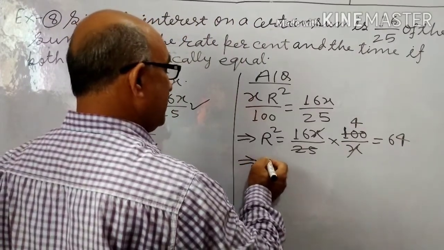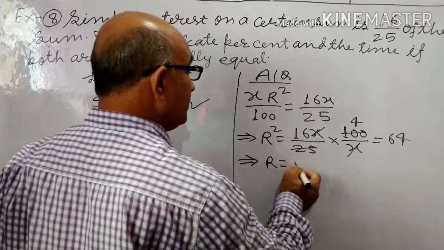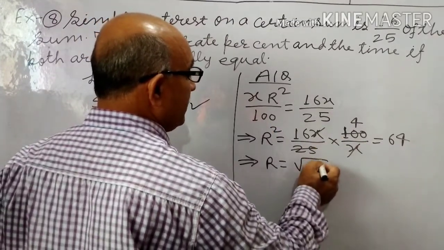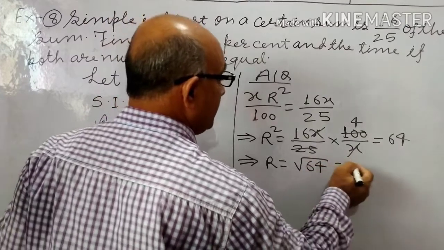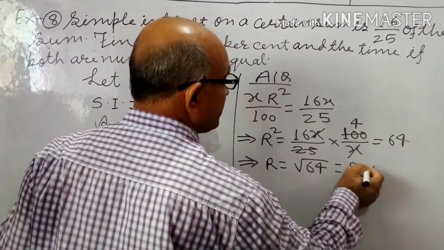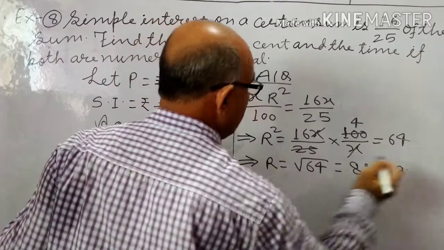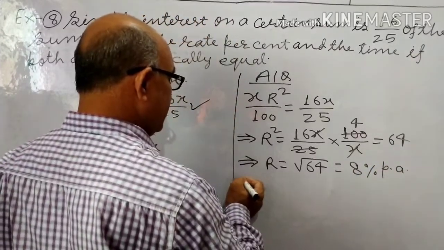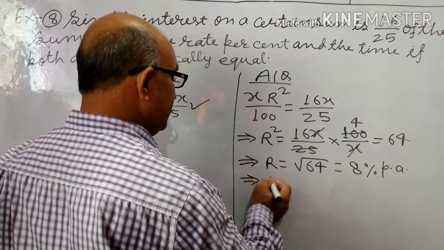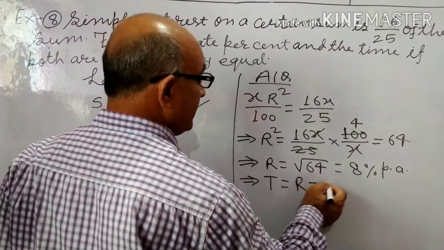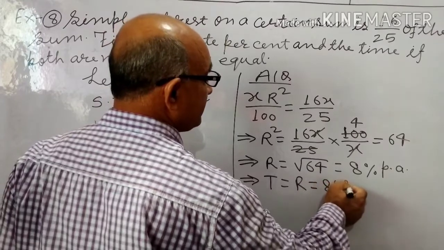That implies R equal to square root of 64, equal to 8% per annum, and T equal to R equal to 8 years.